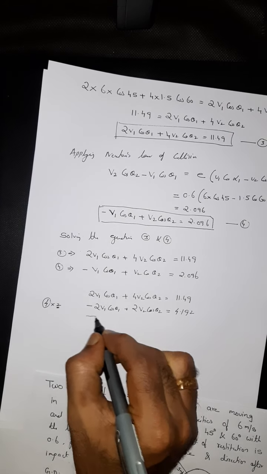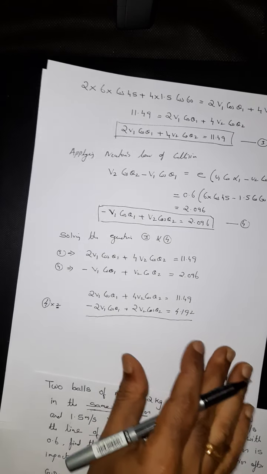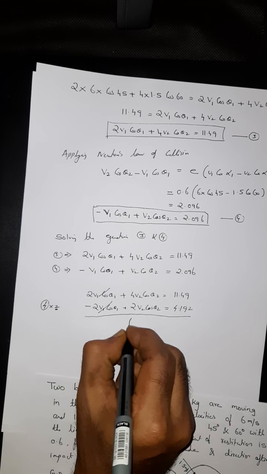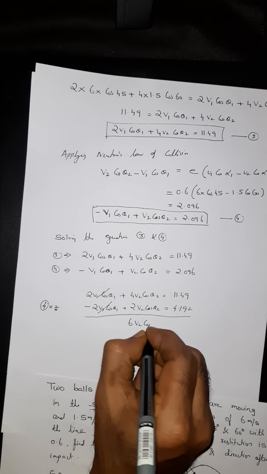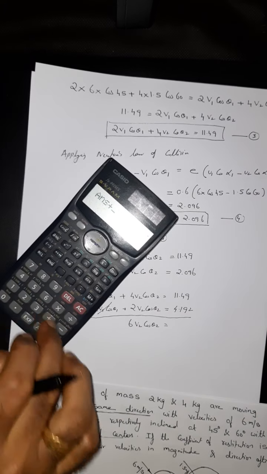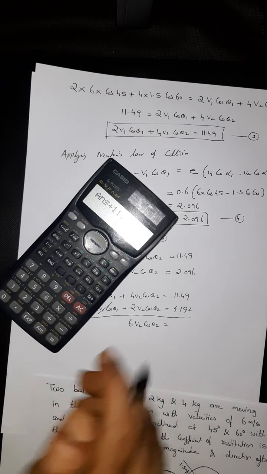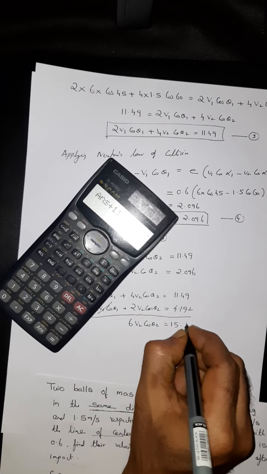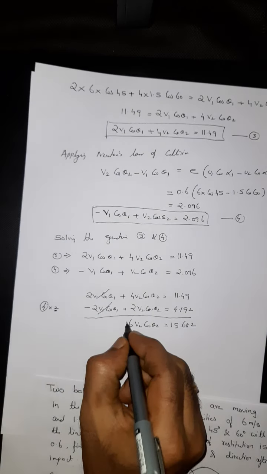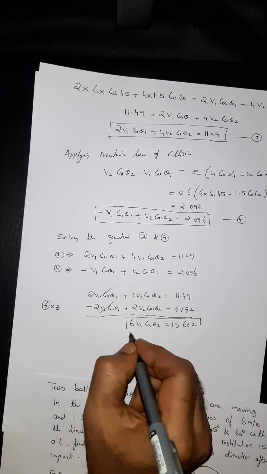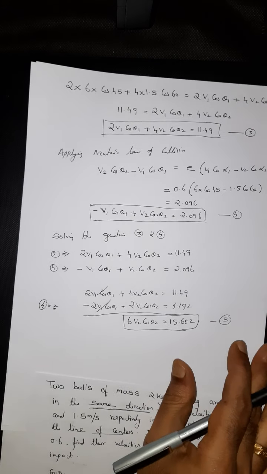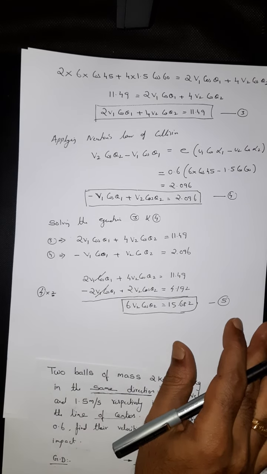Adding them, the v1 terms get cancelled, giving 6 v2 cos theta 2 equal to 15.682. Let me consider this as equation number 5.